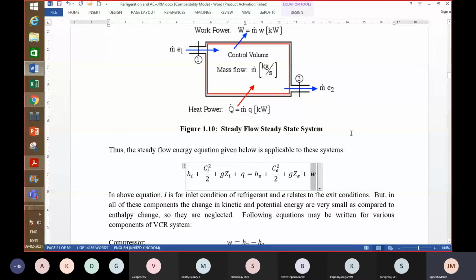Now refrigeration and air conditioning is more of a practical science and technology. Even if you write W, let's say it is 20 kilowatt, you may write W is equal to 20 kilowatt, or you can write capital W with a dot over that, and write it as 20 kilowatt. You are not going to write it as minus 20 kilowatt, right?